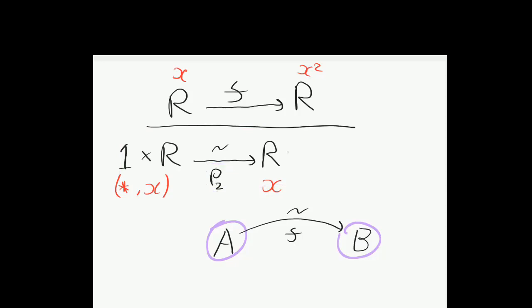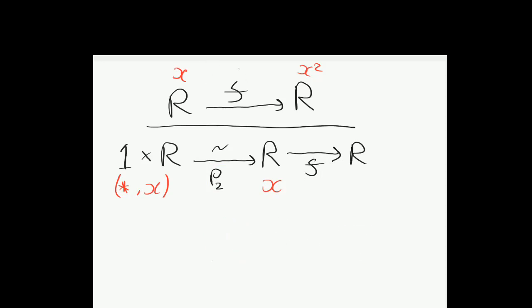So I'll complete the picture now and say that if we write this function f from R to R, then we can see that what's above this line is kind of similar to what's below the line, okay?